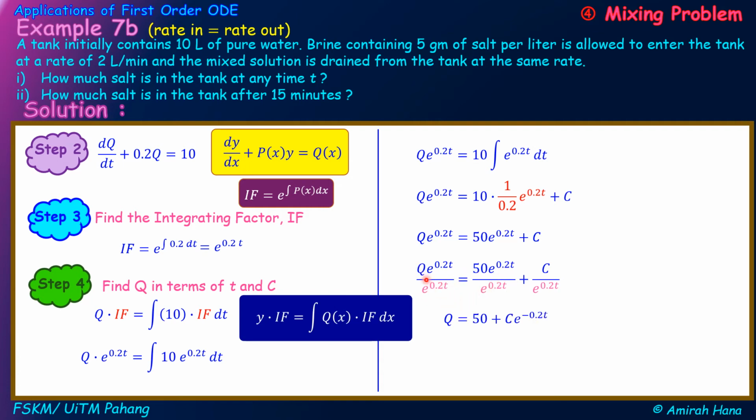We have Q equals 50 after we simplify, and then plus c, we move up e to the power of 0.2t using the properties of indices. So we get times e to the power of negative 0.2t. Now we have Q in terms of t and c. Then we can name this as equation 1.